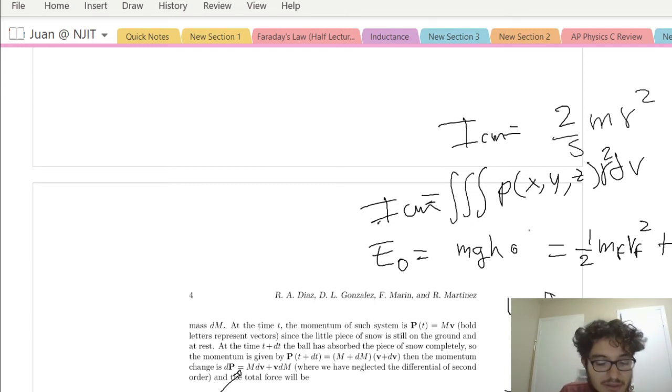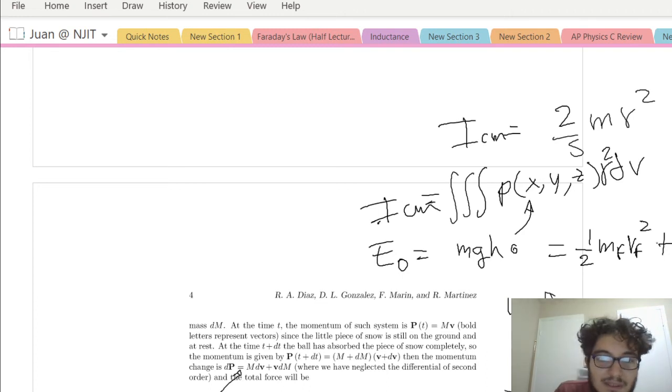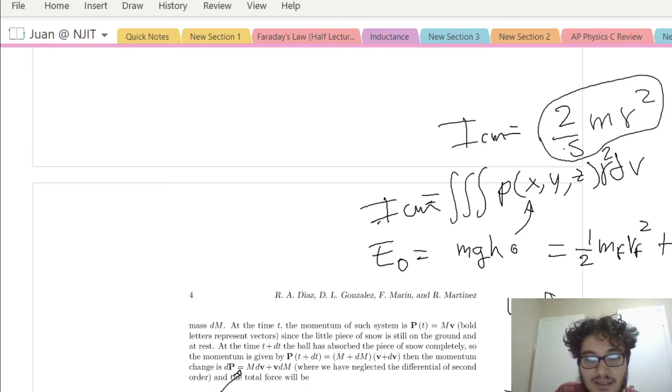If it's not a constant distribution of mass, and maybe it's changing, then you can use this one, or you can just use the simplified version. The moment of inertia is the integral of r squared dm. Then you get 2/5 mr squared. It's always going to be the same formula.